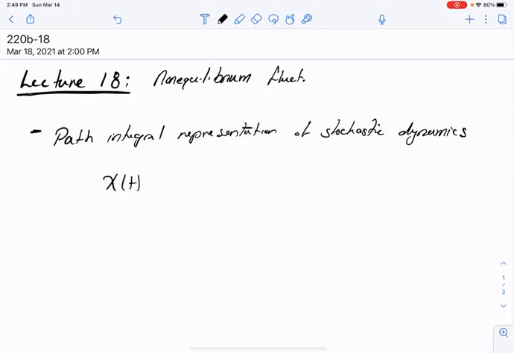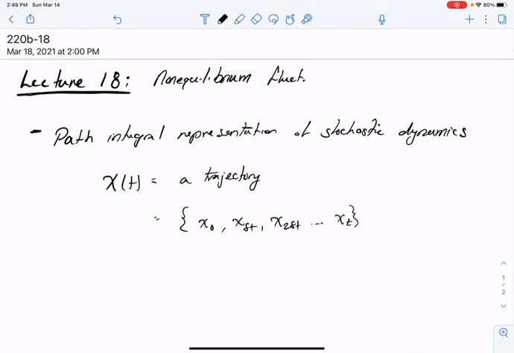So we denoted x, capital X of t, a trajectory. And what we meant by capital X of t was a huge vector of the configuration of the system at every point in time, up to some observation time here denoted t.